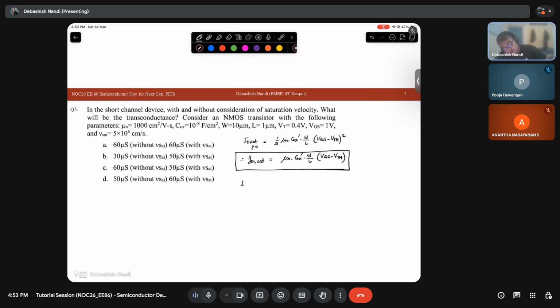Another formula for ID sat velocity saturation: mu n is not there, so we will have W. By the way, did you notice one thing?